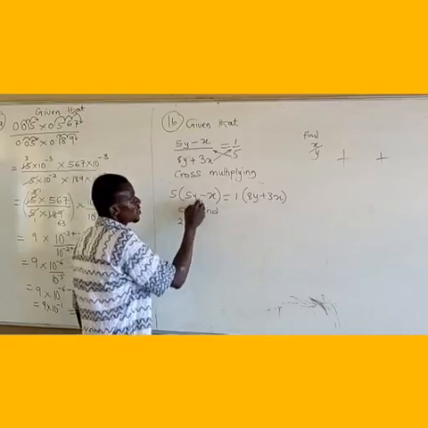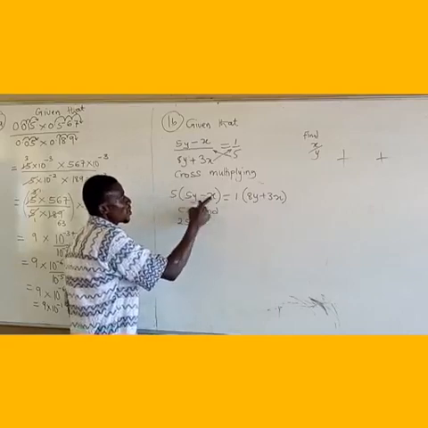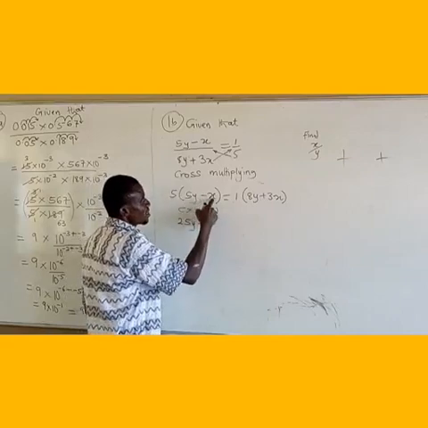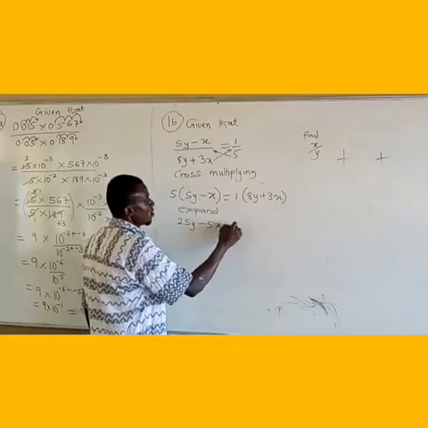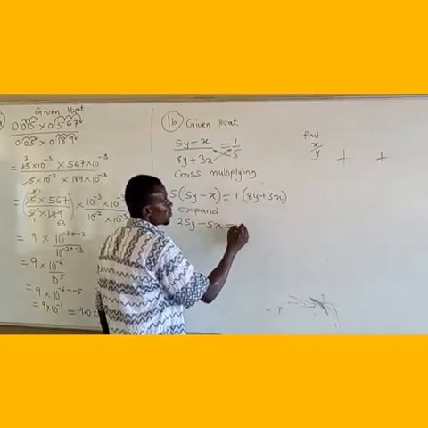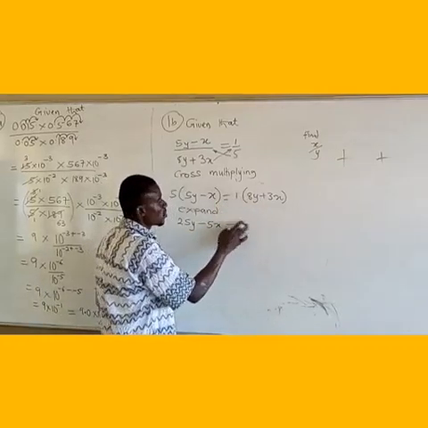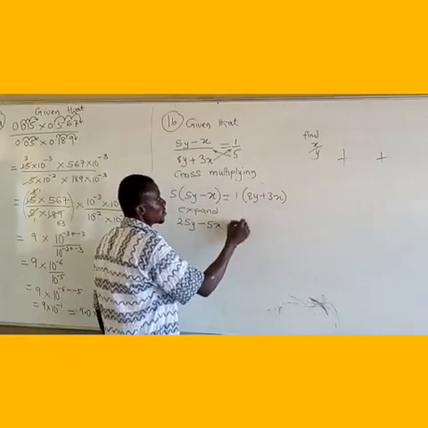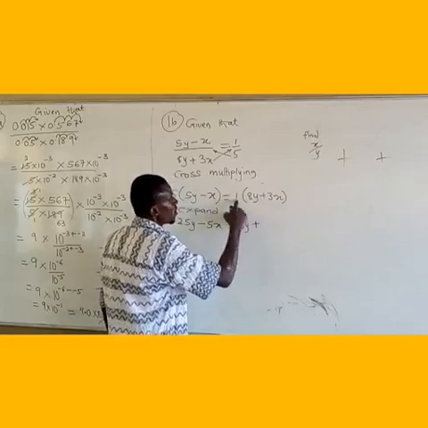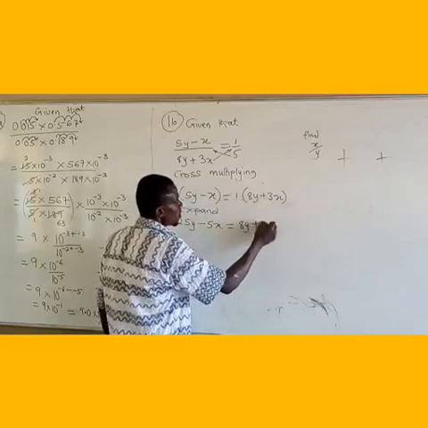When you multiply the negative, it will be negative. 5 times 1x will be 5x. So negative 5x equals, then 1 positive multiply positive, you get positive, but because it is first, we don't write it. So 1 times 8y is 8y, positive times positive is positive, 1 times 3x is 3x.